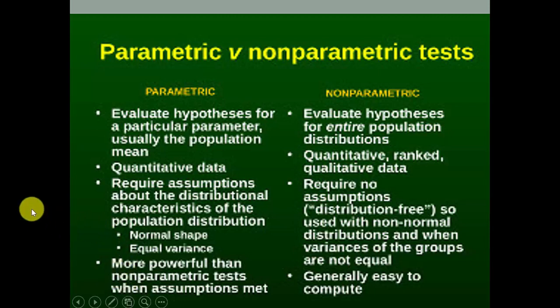My first point is that parameters for a particular population are usually used to evaluate hypotheses, comparing parametric and non-parametric.